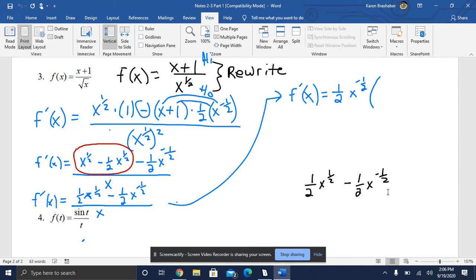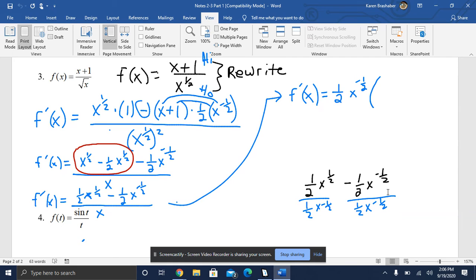And I am factoring out, which means I'm dividing. So I'm dividing each one of these terms in my numerator by 1/2 x to the negative 1/2. That's what factoring is. You're dividing out that greatest common factor.